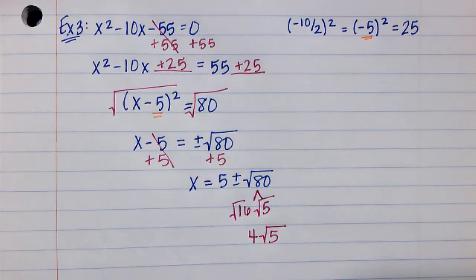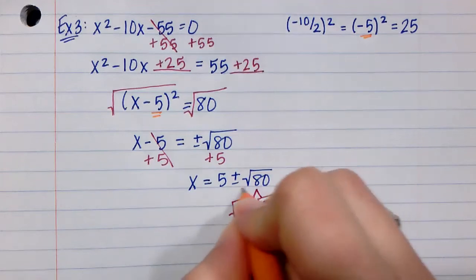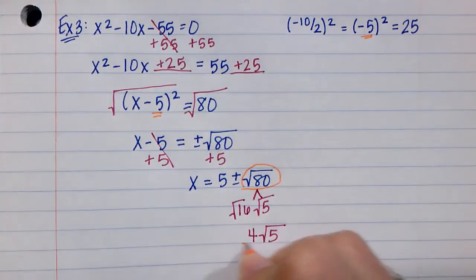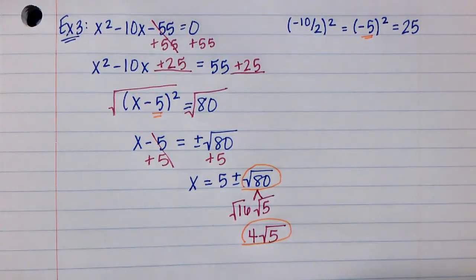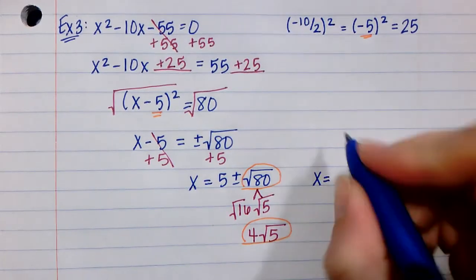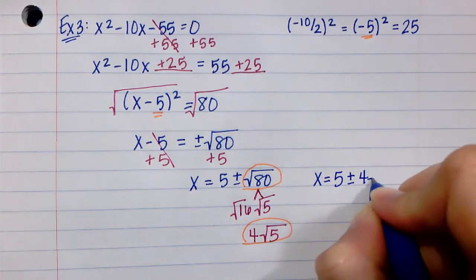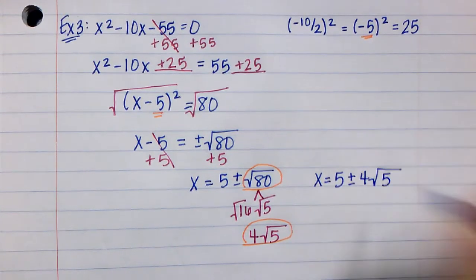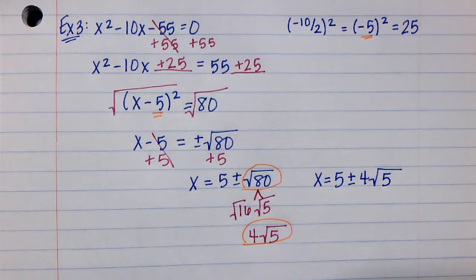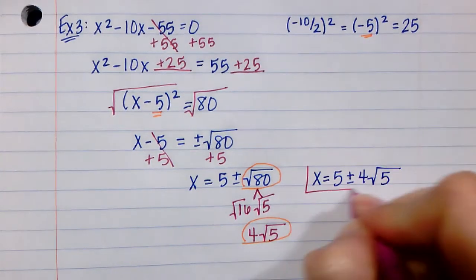So again, I'm replacing the square root of 80 with what it simplifies to, a 4 radical 5. So my answer to this quadratic would be x equals 5 plus or minus 4 times the square root of 5. If you want to, split it up. I'm going to leave it as one whole answer.